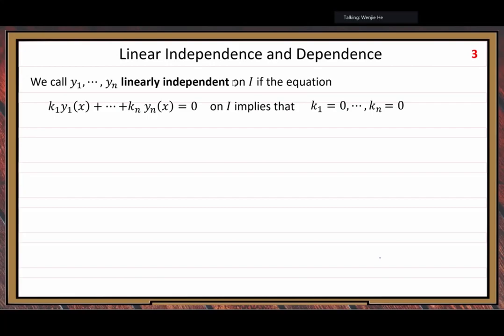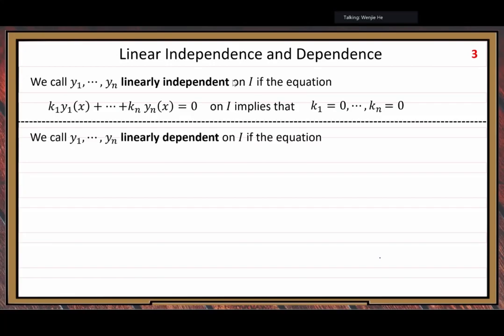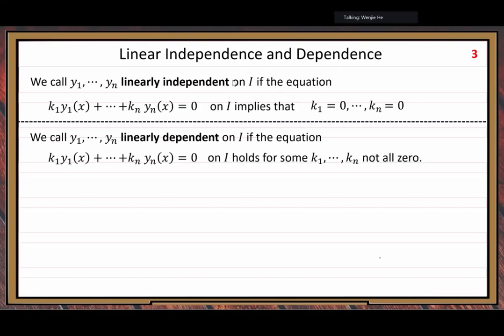That's linear independence. Then they are linearly dependent if this linear combination of the n y functions equal to 0 on I holds for some k1 through kn coefficients, not all 0.